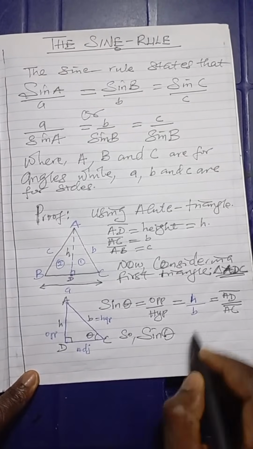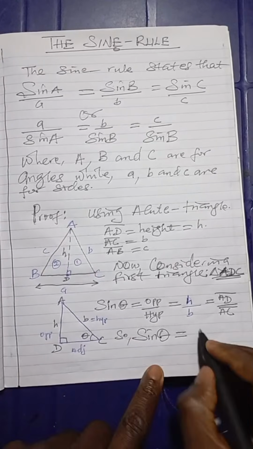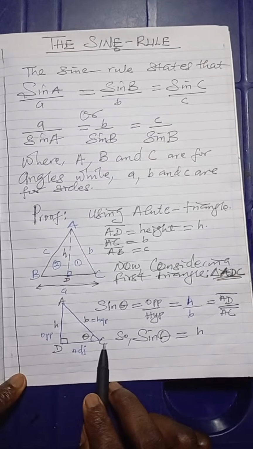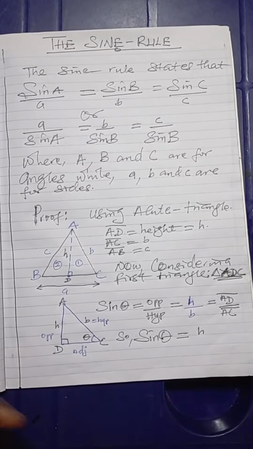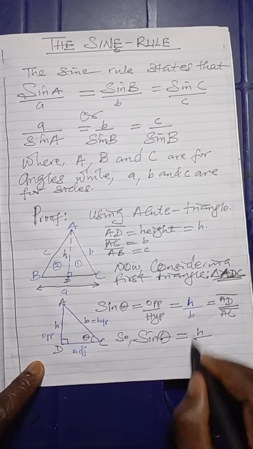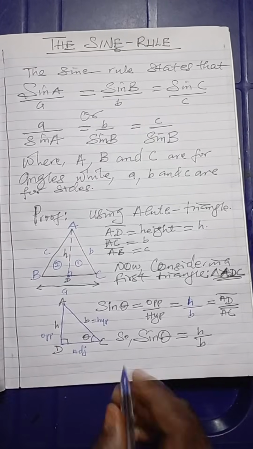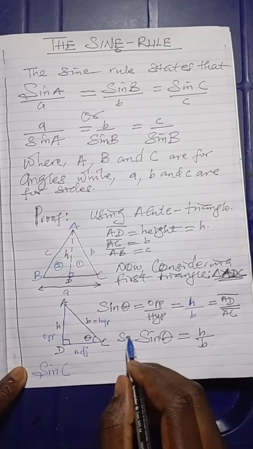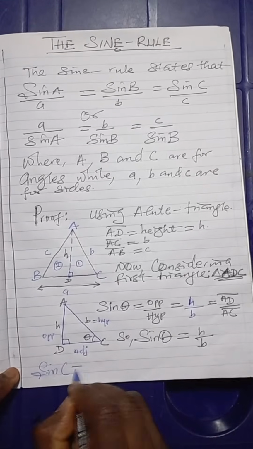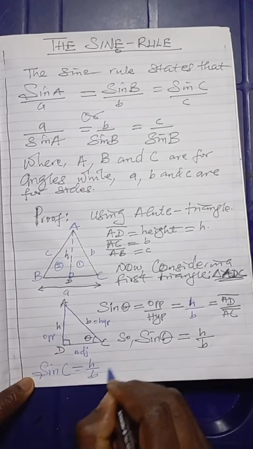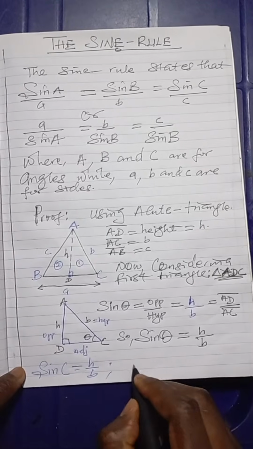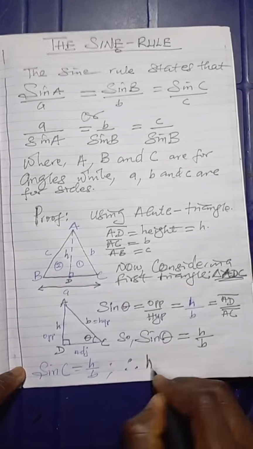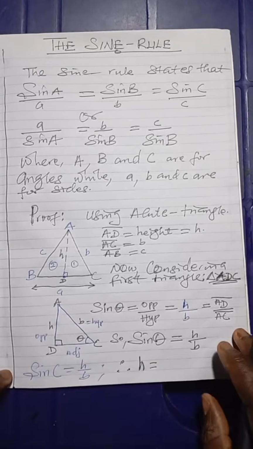Good. So sine theta is equal to h over b, but this theta now is C. I hope you know that. Recall, sine C, which is the same as sine theta, is equal to h over b. Now make h the subject of the formula. Therefore, h is equal to, okay?